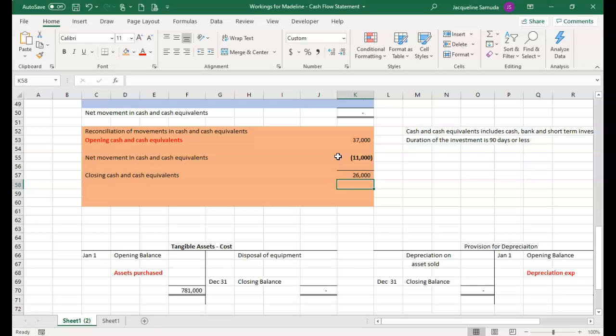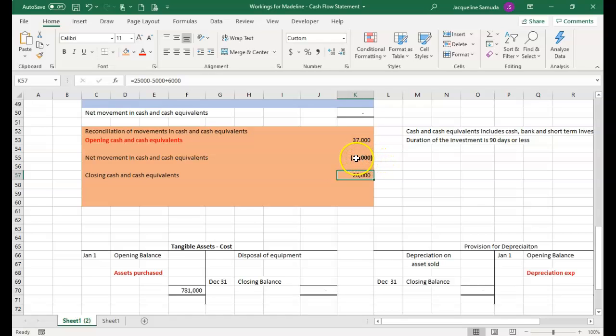Remember, the name of the company is Red Flamingo, because they started off with $37,000 of cash and cash equivalents. But then they end up with a lesser figure of 26,000. So it means that during the year, the net movement in cash and cash equivalents was a negative 11,000.